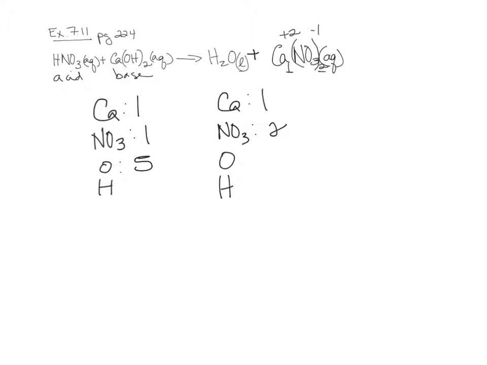That gives me a total of 7 oxygens on my product side. For hydrogens, I have 2 hydrogens here, plus 1, which gives me 3 on my reactant side. On my product side, I have 2 hydrogens here.